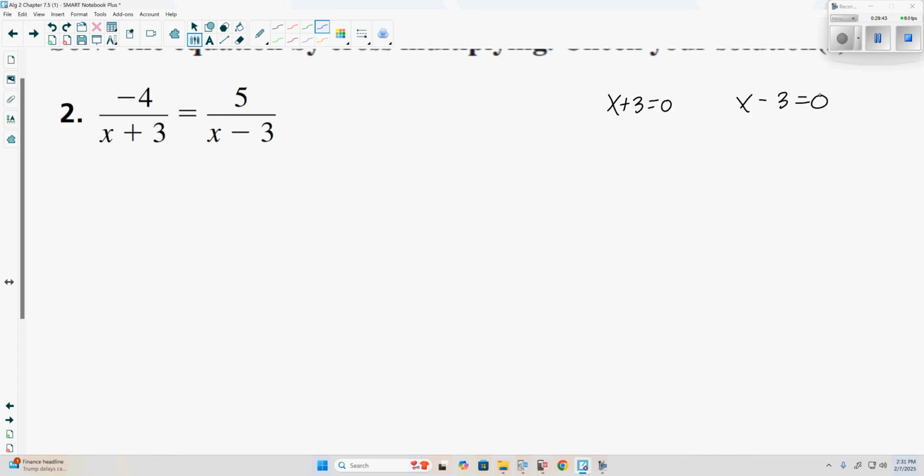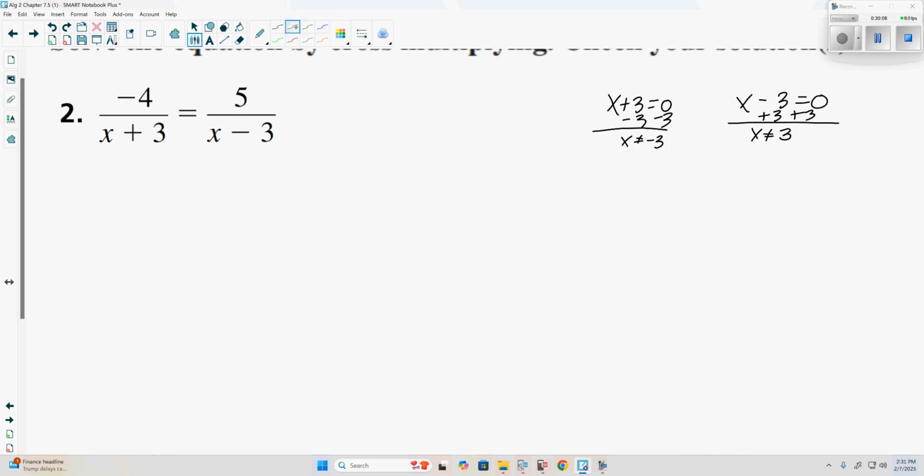Those are our two denominators. They are factors, so there's nothing else we can do with them. Here, it's really just telling us that x cannot be negative 3 or positive 3. So if we get positive 3 or negative 3, that's an extraneous solution. We have to throw it out.